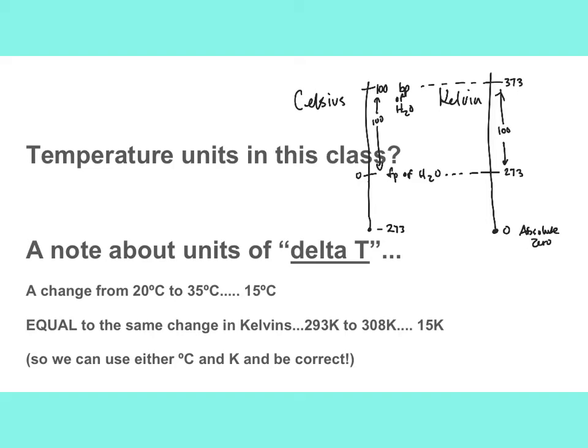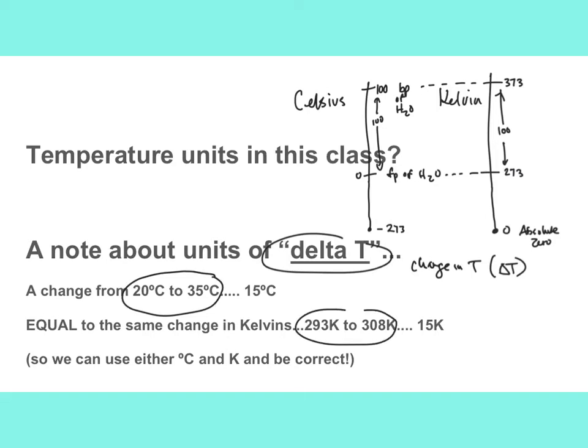What this means is if you calculate delta T, which represents a change in temperature, it makes no difference whether you're measuring the delta T in Celsius or in Kelvin, the delta T would be the same.